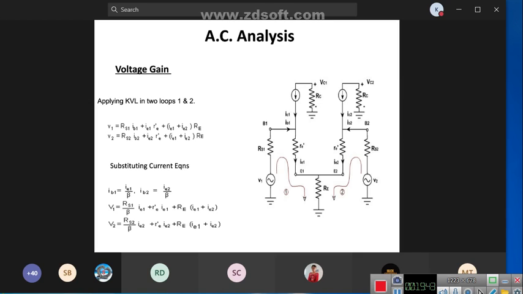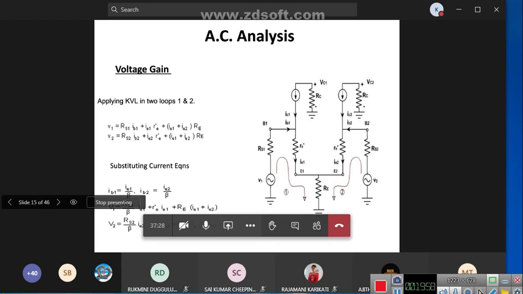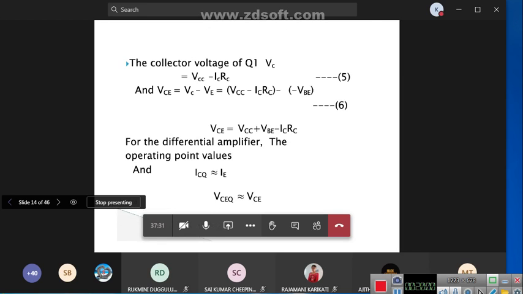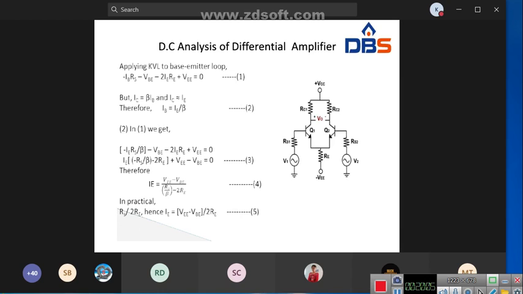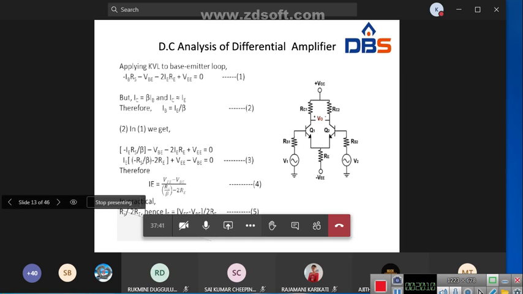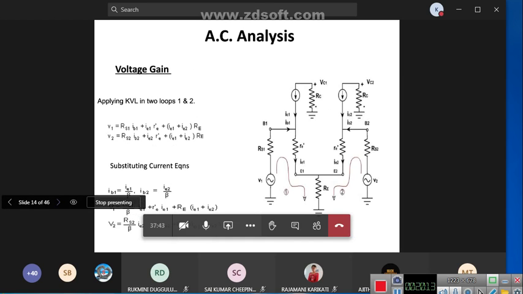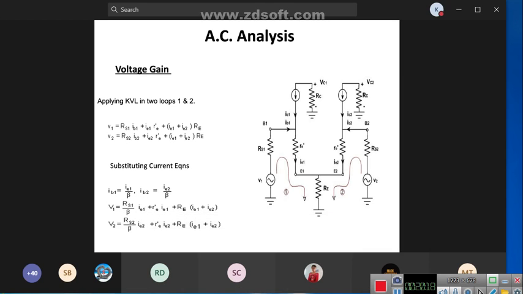IE1 and IE2 both flow through RE, so the drop across RE is IE1 plus IE2 into RE. In the DC analysis we take capital letters, like 2IE, but in the AC analysis we take small IE. That is the difference.